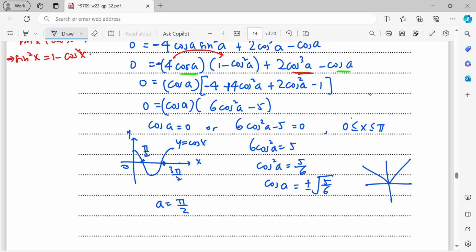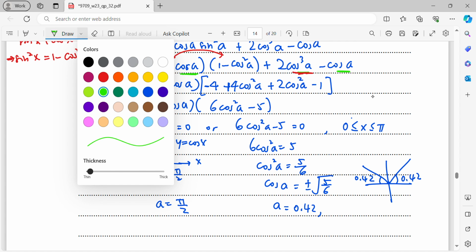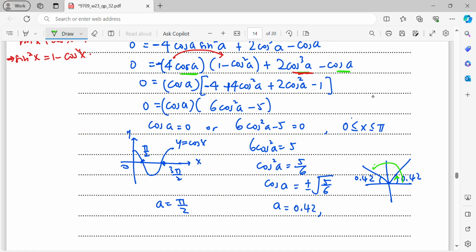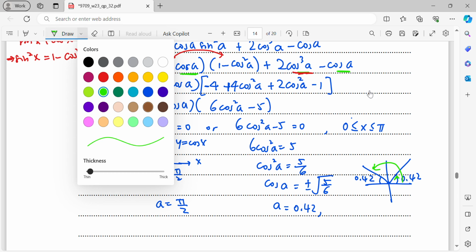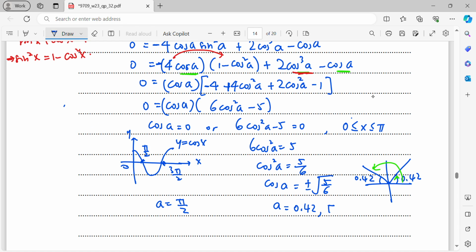When you consider a is inverse cos square root of 5 over 6, you will be getting 0.42 here, here is also 0.42. My angle will be either this or the bigger one, so the bigger one is pi minus 0.42. Another one is 2.72.